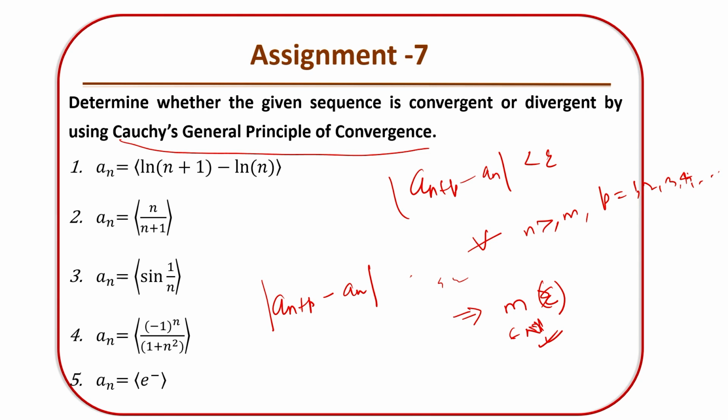If there exists a natural number m which depends on epsilon, then you can use the Cauchy general principle and conclude that this sequence is a converging sequence and a Cauchy sequence as well.